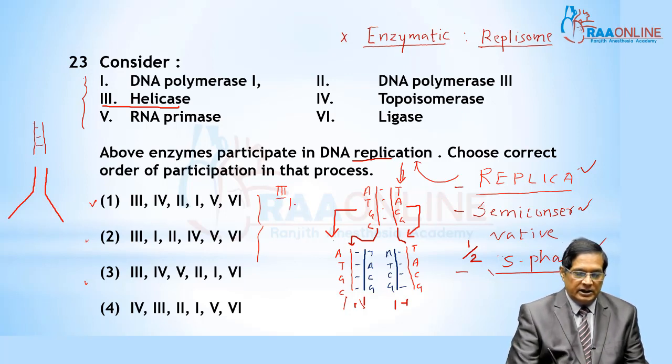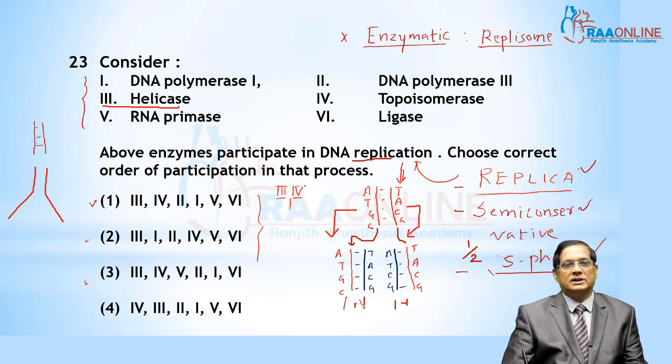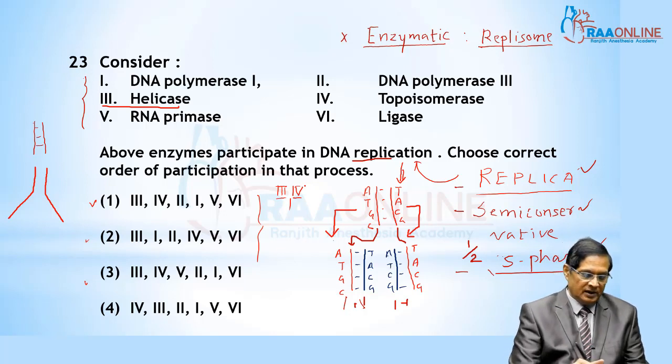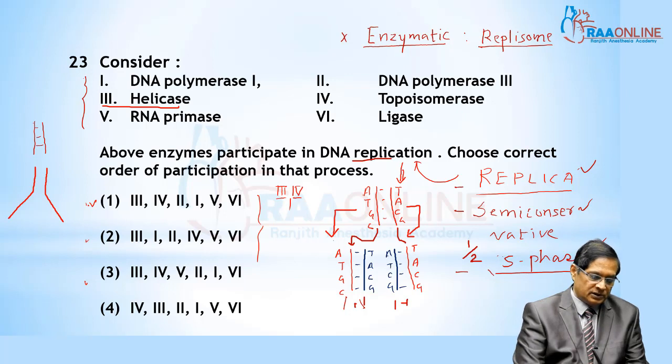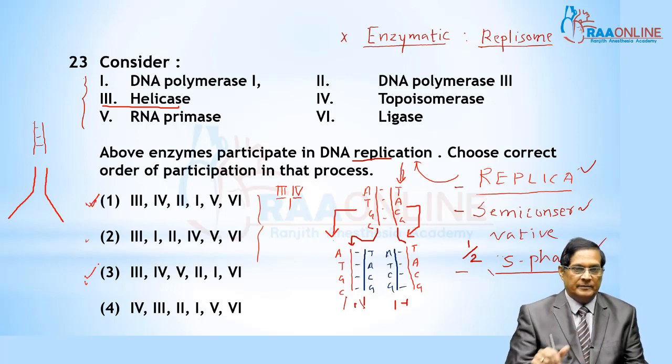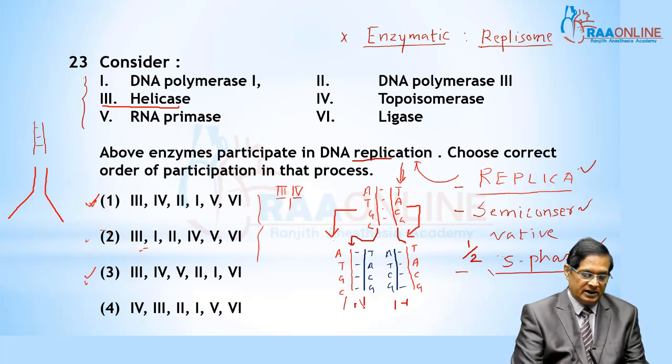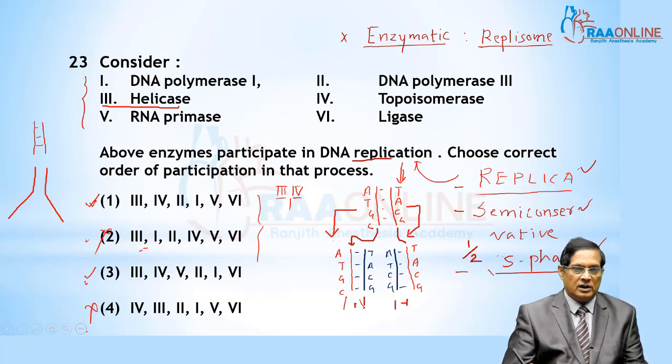Then during the separation, tension is released by the fourth, the topoisomerase enzyme. Topoisomerase enzyme releases tension. Now the second and fourth options are cancelled.